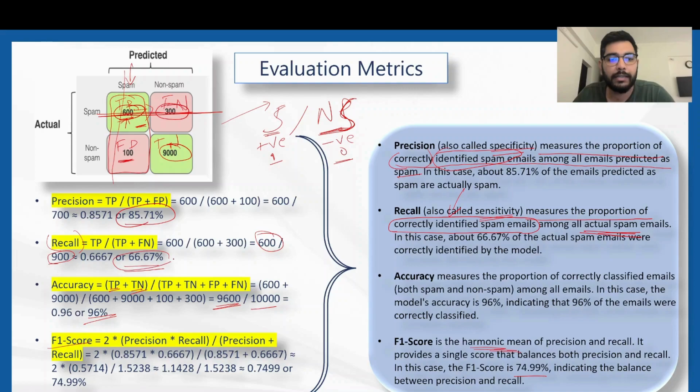And the recall at 66. Recall is low, precision is high. So the average, the harmonic mean number representing both precision and recall, we have it at 74.99%, which says that there it averages out both precision and recall, since precision and recall are negatively correlated to each other.